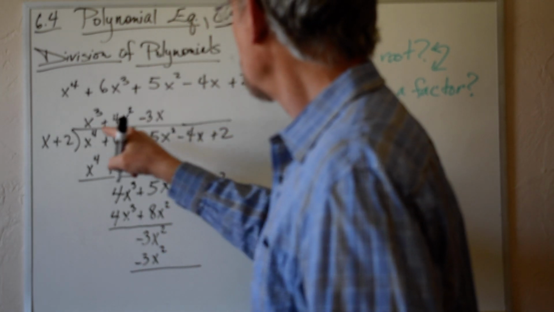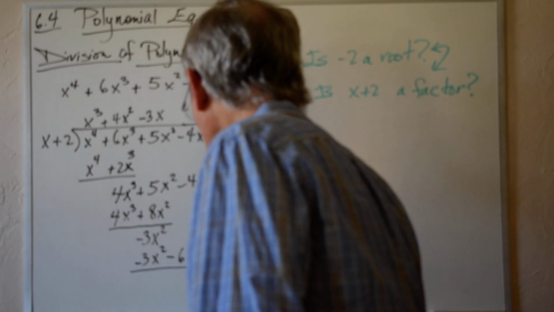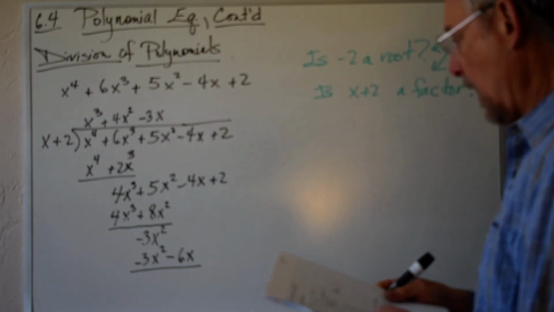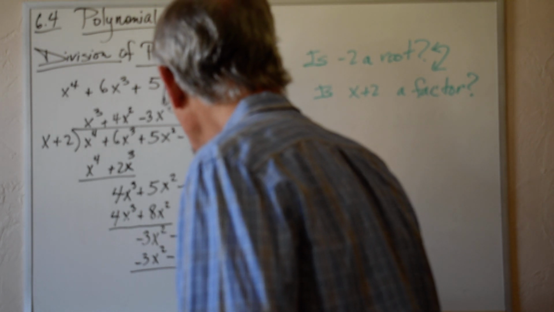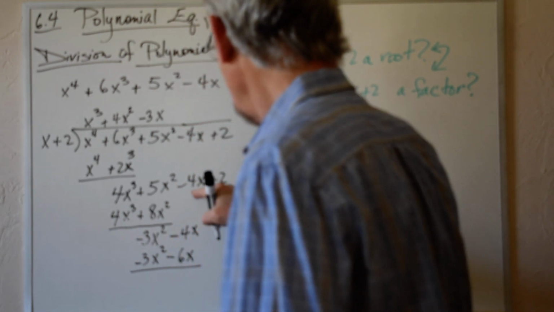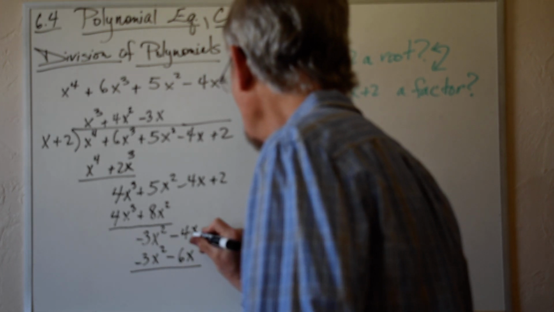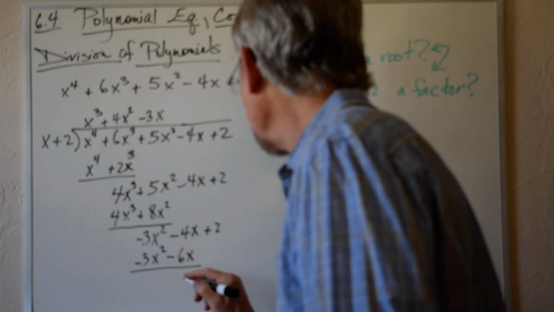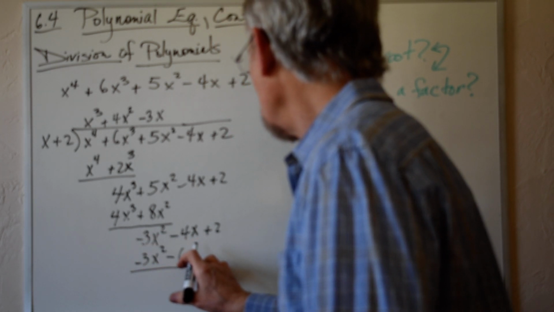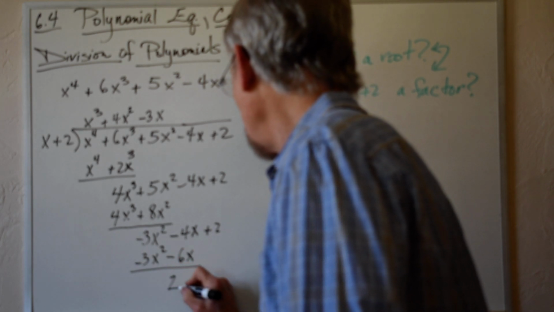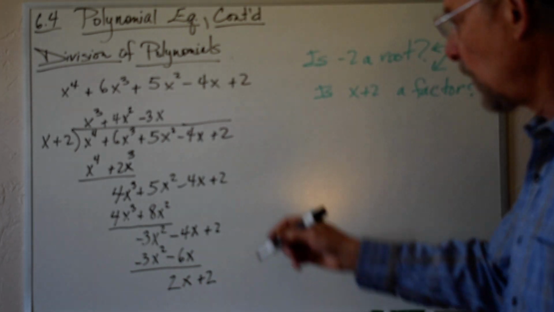Good. Minus 3x multiplies with that 2, and I get minus 6x. And, of course, I could bring down this minus 4x here. I got to keep track of that. And the plus 2, if you want to write all the stuff. These subtract, give me 0. These subtract, and I get a positive 2x plus 2. So you see I'm getting close.